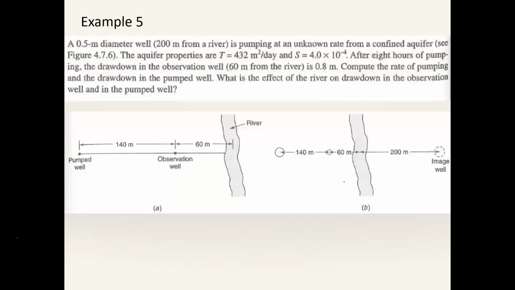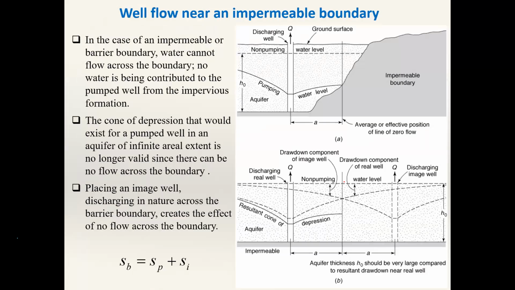The same concept can be applied when we have an impermeable boundary. An impermeable boundary is a boundary that blocks the water flow into the well. Without this impermeable boundary, the drawdown that we expect is like this.